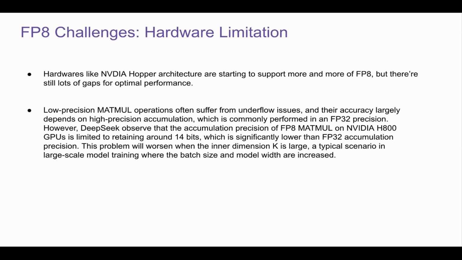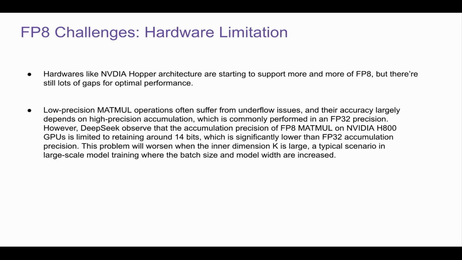However, DeepSeek observed that the accumulation precision of FP8 matrix multiplication on the NVIDIA H800, which is what they use, is limited to retaining around 14 bits, which is significantly lower than FP32 accumulation. This is even worse when the inner dimension is large. So basically they found a hardware limitation that makes the precision even worse.